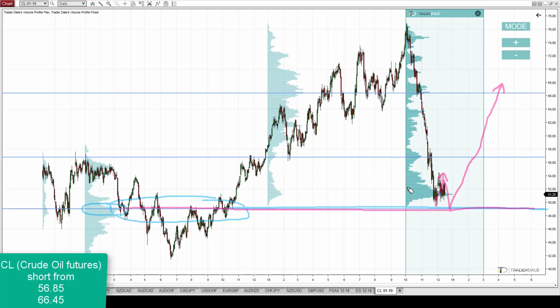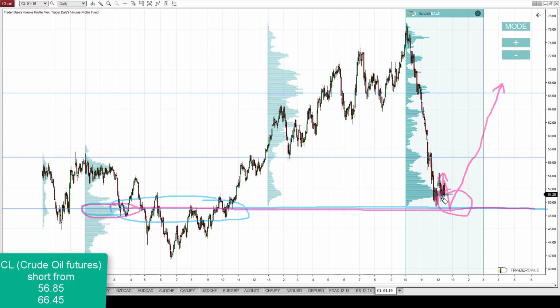Alright, so if you are holding shorts on the crude oil, then this definitely isn't a bad place to quit your shorts, because it would be very risky to hold shorts past yearly point of control.